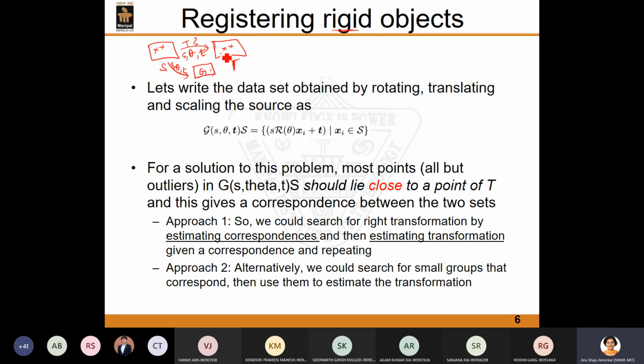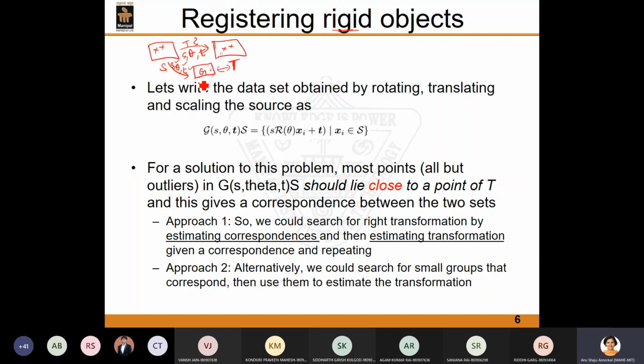What I'm trying to ensure is that the similarity between G and T is as high as possible. To get it as high as possible, I calculate my s, theta, and t. When I say similarity must be high, what I mean is that the error function between G and T is reduced.